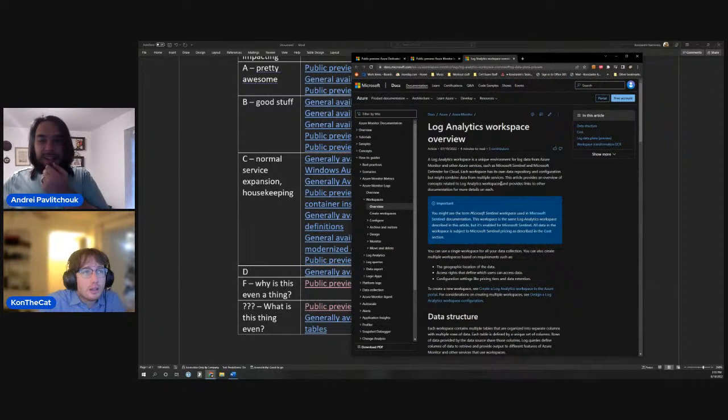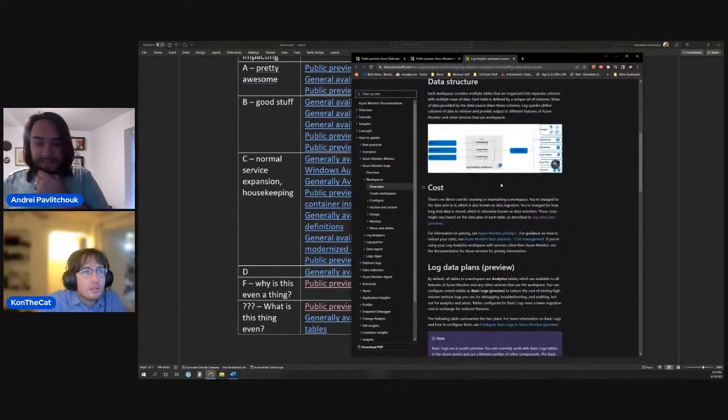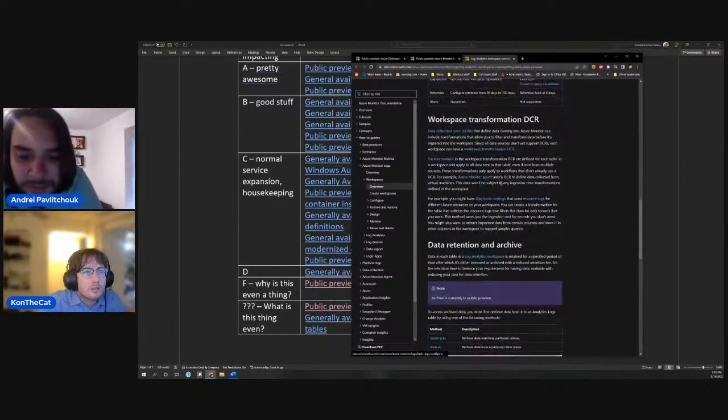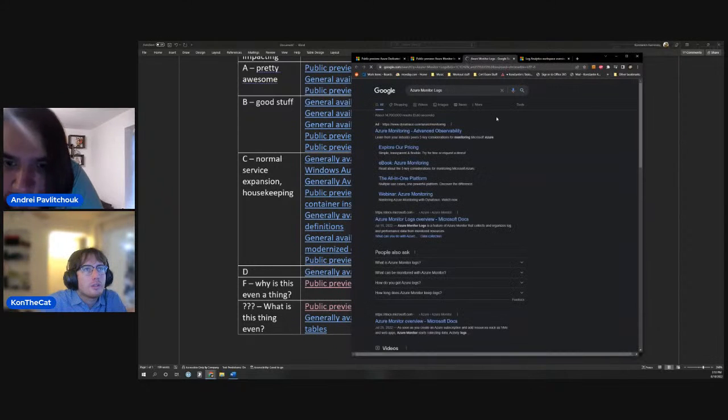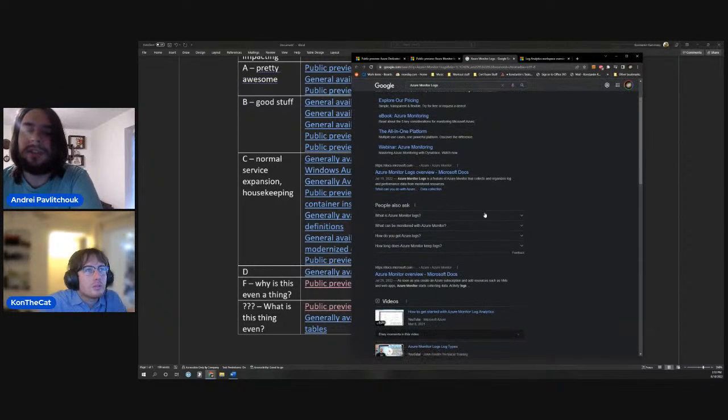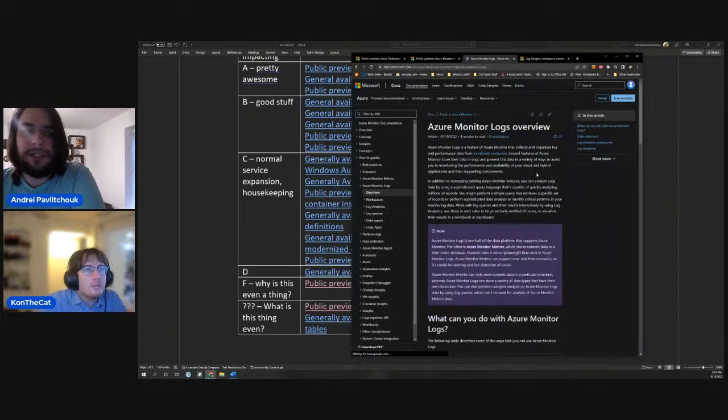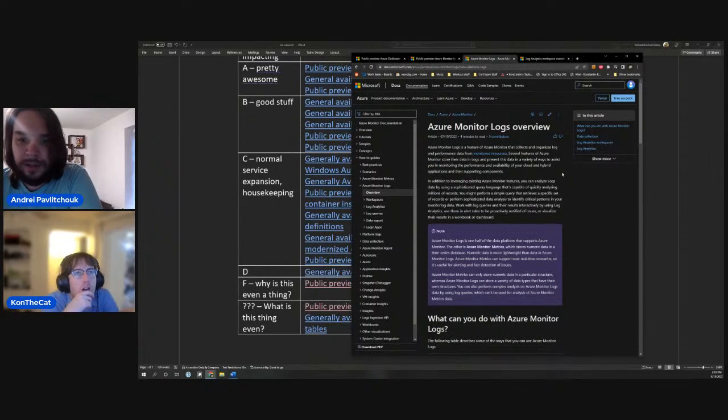So we know what a log analytics workspace is. So what is this? Public preview on logs, Azure Monitor. So new Azure regions, that's all it says. So basically... Yeah, but what's an Azure Monitor logs?